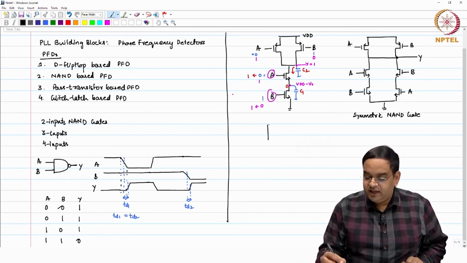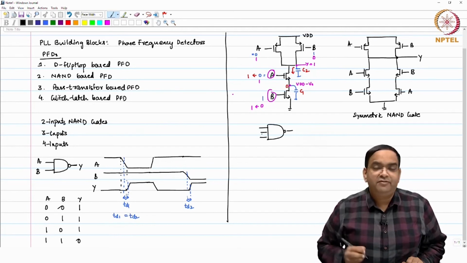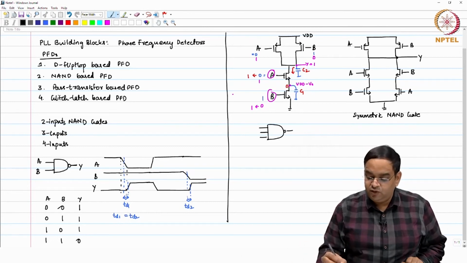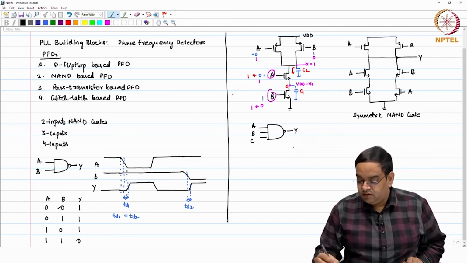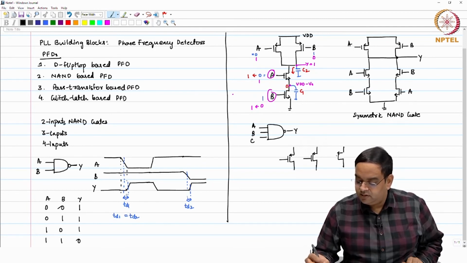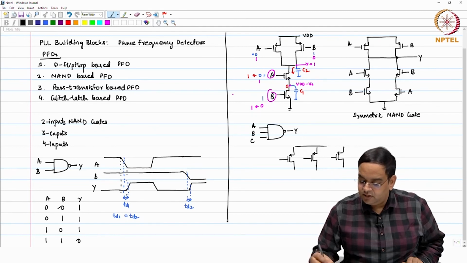It is possible to do in case when you have a 2 input NAND gate. For a 3 input NAND gate, it becomes a little difficult, because at some point of time you cannot have all the possible combinations. With 2 it is easy. So, here I have A, B, C and Y. So, you will have a typical NAND gate which you are using like this, which is A, B and C. Okay.